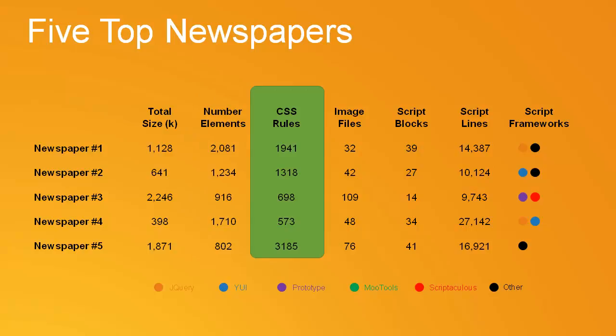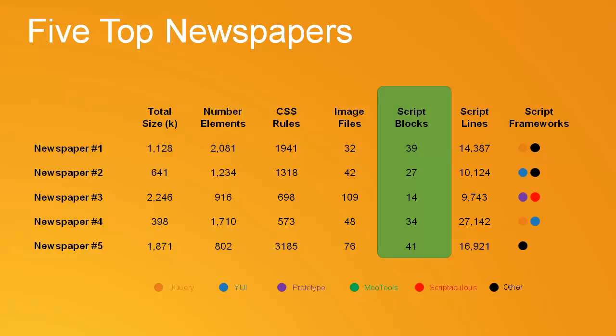In terms of CSS rules, we see some variance there. We can go from 500 or almost 600 to 3100, and that's a big change. And that also means that there is going to be some impact in terms of rendering. In terms of image files, there is not that much difference. There is one that is probably double the rest, but all of them keep it low.